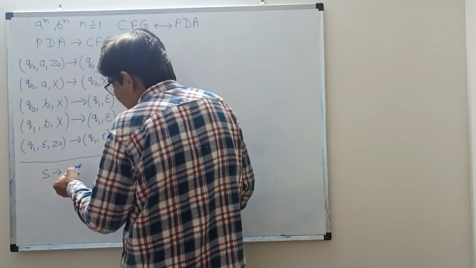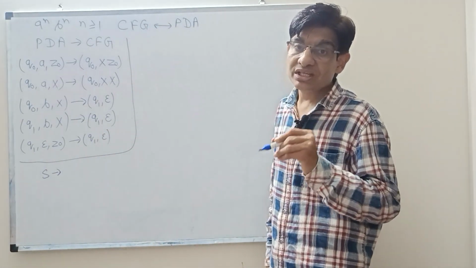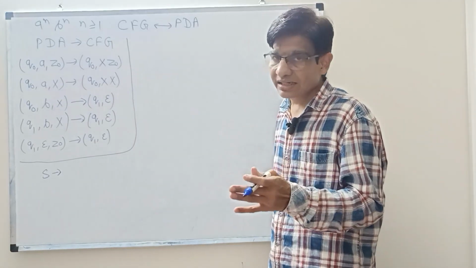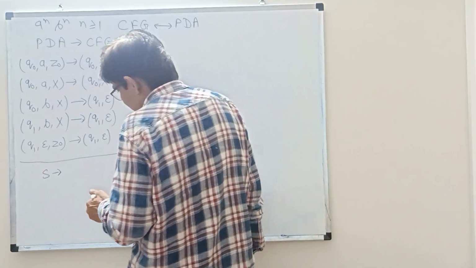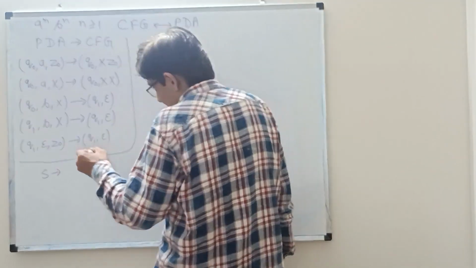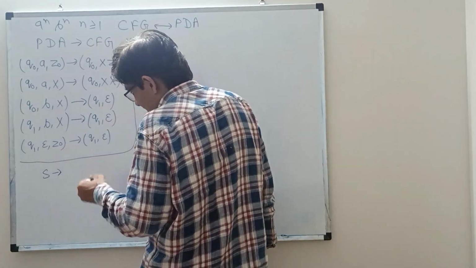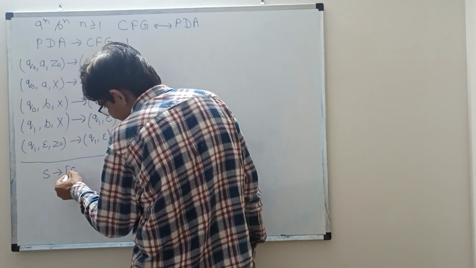S will generate only variables. All the productions of S would be unit productions, which means both sides will have only one variable. How you can create these productions, I will tell you. For all productions of the start variable, you need a format like this.